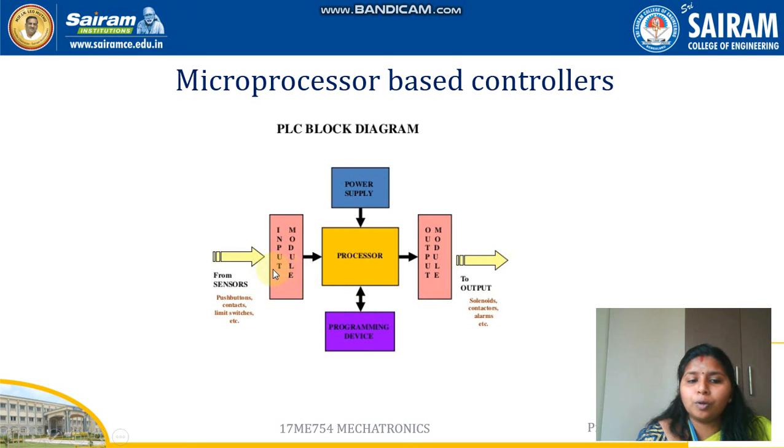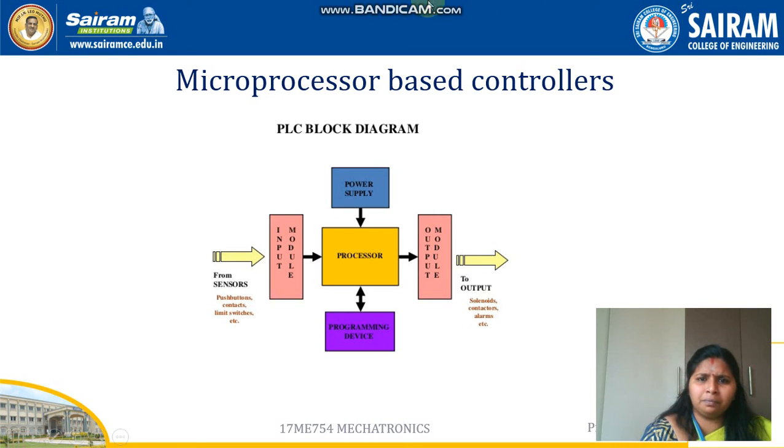For the input module, push buttons, contact switches, etc. are given as input. And the processor does some processing. There is a programming device. We will be writing programs to control the machines, either to open the valve or to close the valve, and many other programs can be done. Timers decide how many times the cylinder has to move forward and backward.